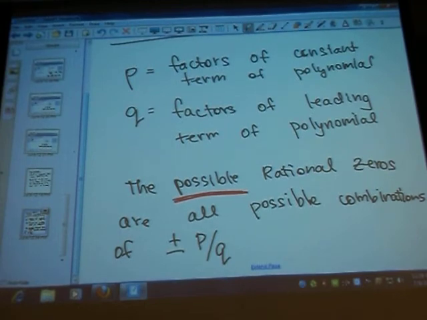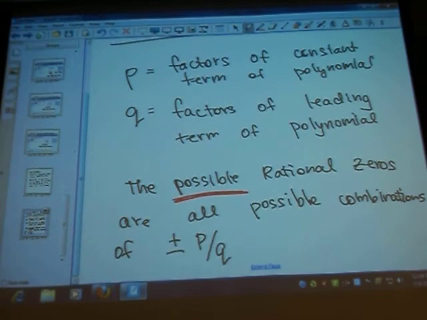Otherwise, do not do it. I mean, you can if you want to, but it's really not necessary. And it takes a lot of time, and it's pretty frustrating, and you get the same answer anyway without doing it. Okay? If the question says possible, this is what they're looking for. If you don't see the word possible, do not do this.